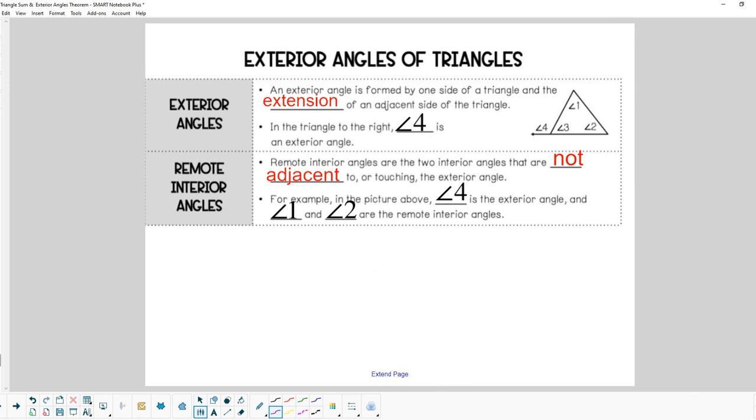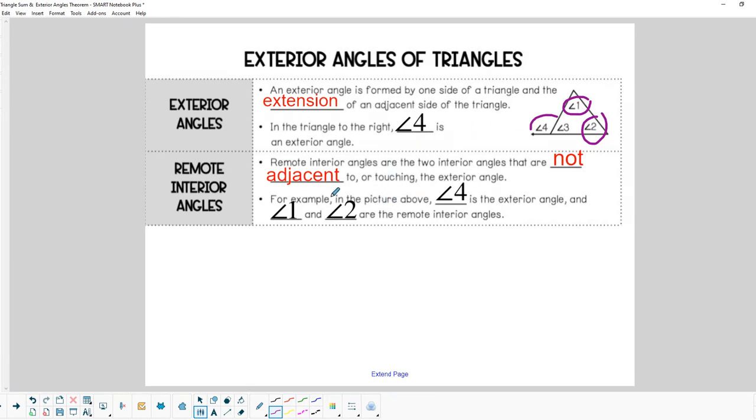Okay, it's on the outside, so it's called an exterior angle. The remote interior angles, those two interior angles that are not adjacent to it, are angles 1 and 2, as you can see up there. In fact, I will circle them. So here's the exterior angle, and here are the remote interior angles over here.